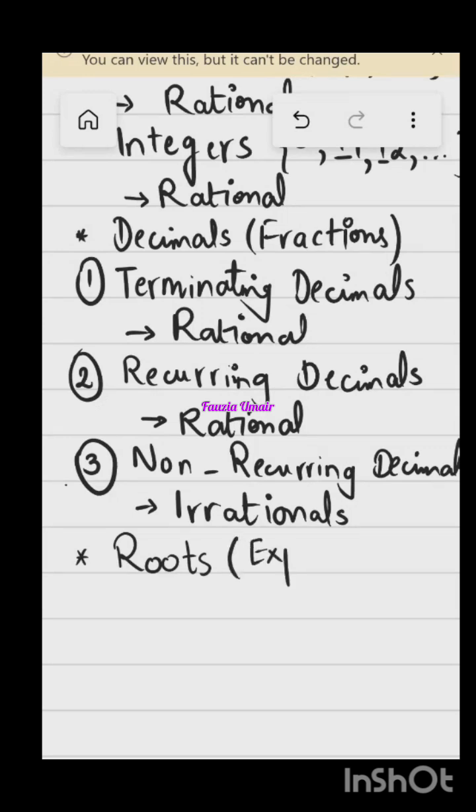Roots are powers actually, so we are going to write exponents, or exponential powers. Okay? So there is one point you need to remember that I'm writing as a statement for your reference.